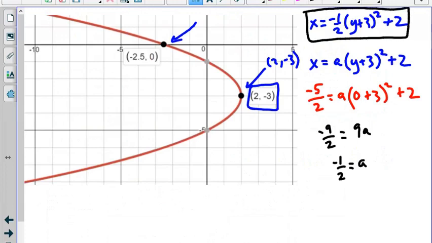This is our equation. Now notice that our a value is -1/2. So real quick, just a little mini lesson and a reminder, a is the same thing as 1/4p.